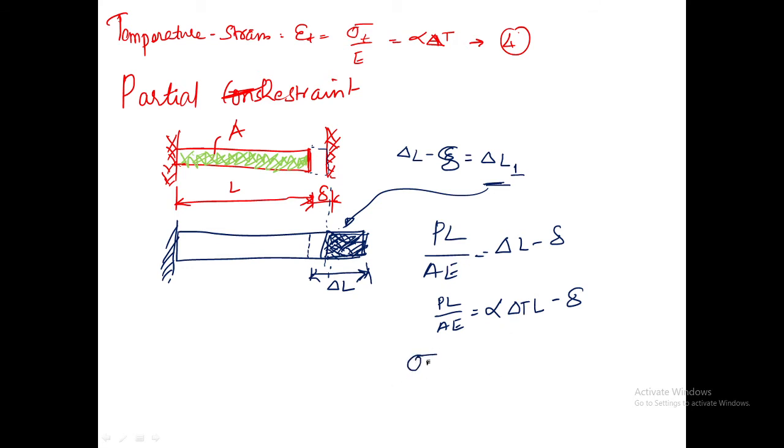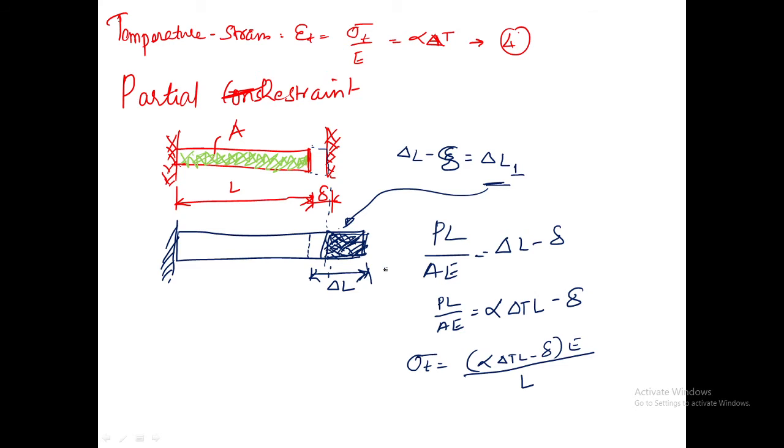Stress is sigma T equal to alpha delta T into L minus delta, into E, divided by L. Now this is a stress equation in case you have partial restraints or partial constraints.